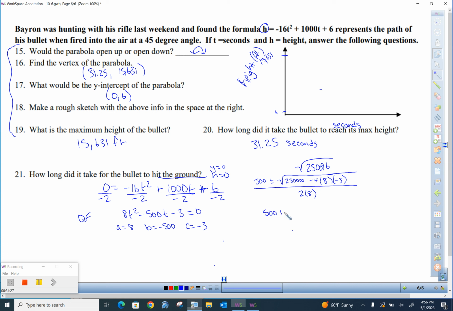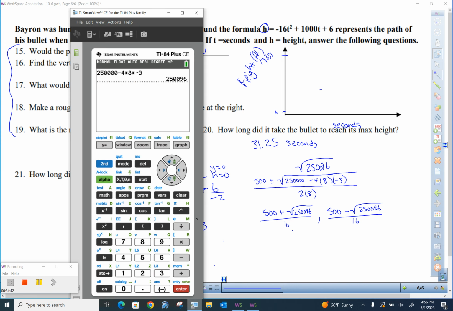500 plus that number over 16. And 500 minus that number over 16. So we can type those in separately. Remember, after you type in that value, hit enter before you divide.